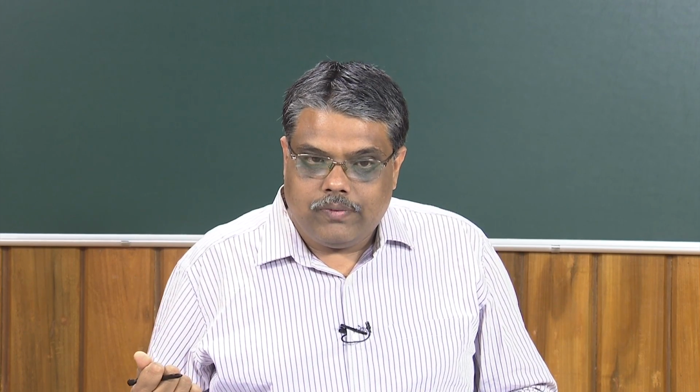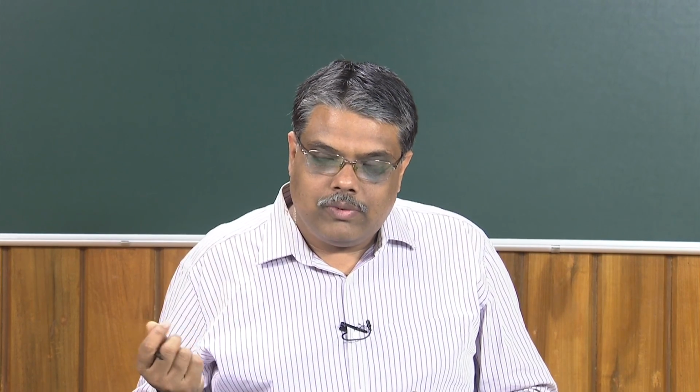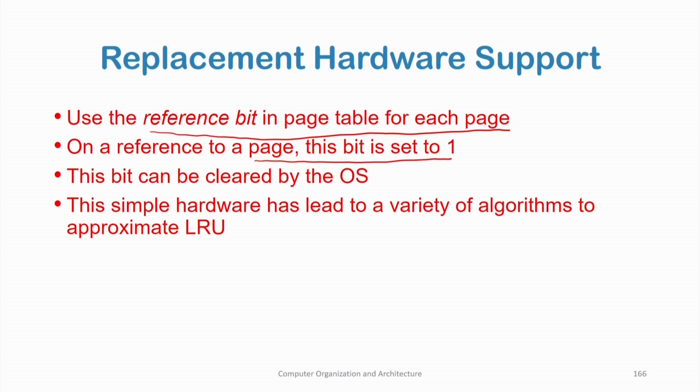To avoid the high hardware cost of LRU, I just keep one reference bit, set on each memory reference, and during replacement I try to find a page for which the reference bit is 0, meaning it has not been used. With the approximate assumption that this is not a frequently used page, because it has not been accessed in the current time interval, it could be a good page to replace.